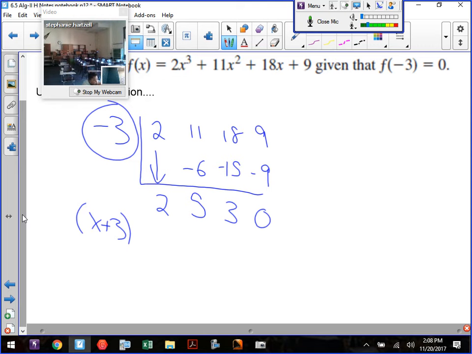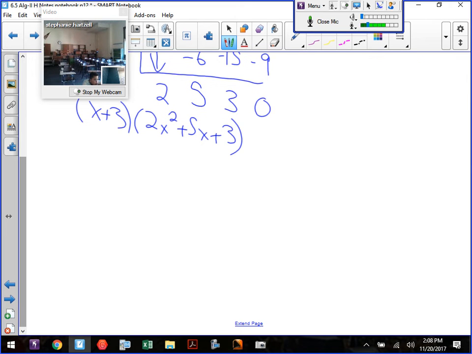That means our new coefficients are 2x squared, 5x plus 3, which therefore means I can factor that further. What times what is 6? You add together to get 5. 2 and 3, right? So this becomes 2x squared, 2x, 3x, and a 3.